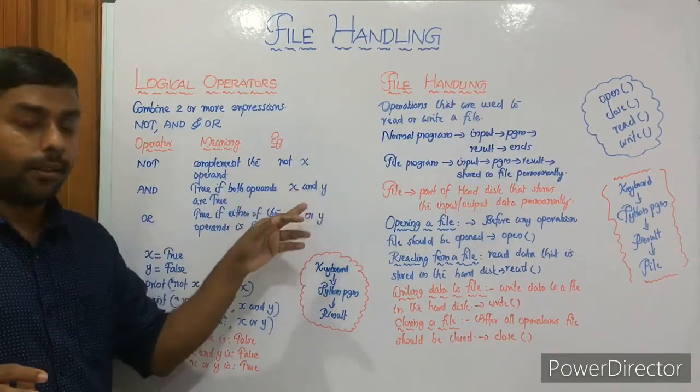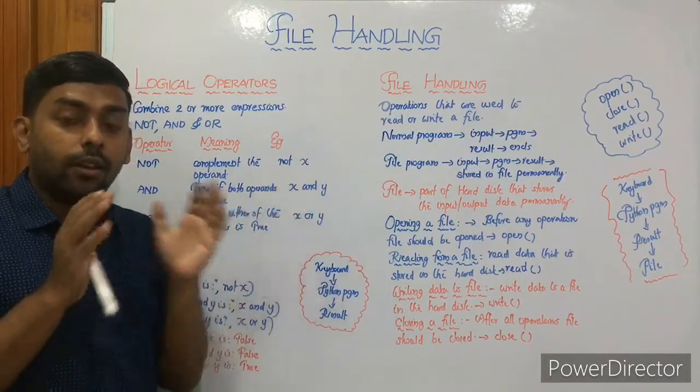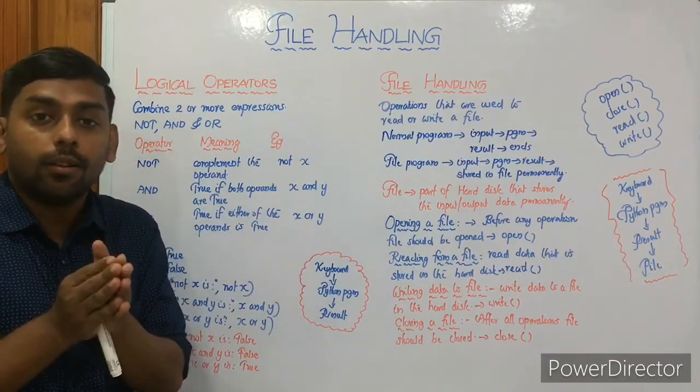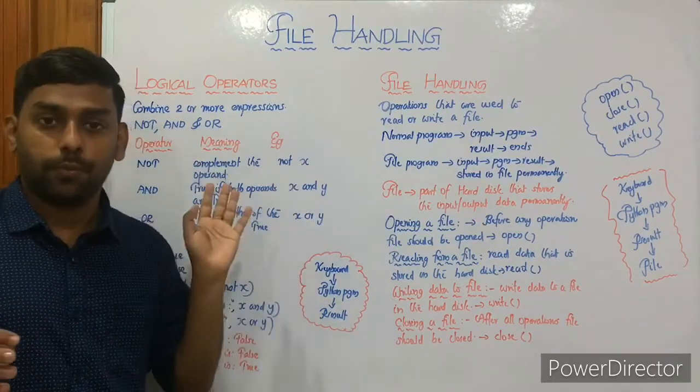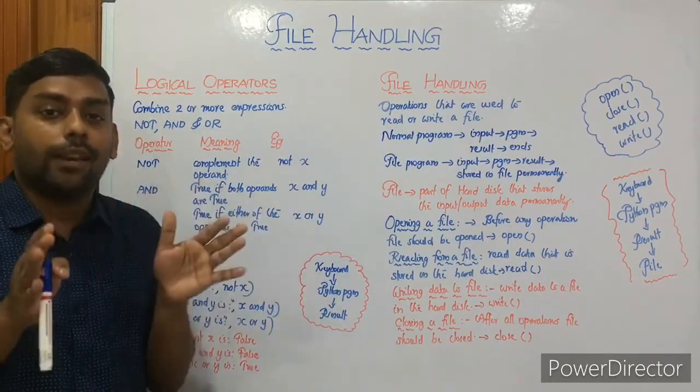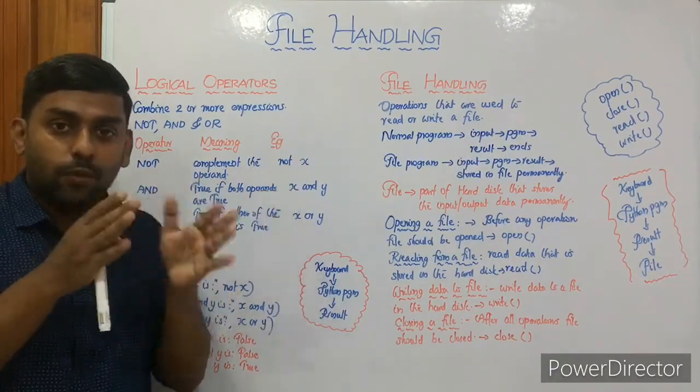X and y: here x can have either true or false, y can have either true or false. When will you get the result true? When the value of x is true and y is true. Only in that case will you get a true result.